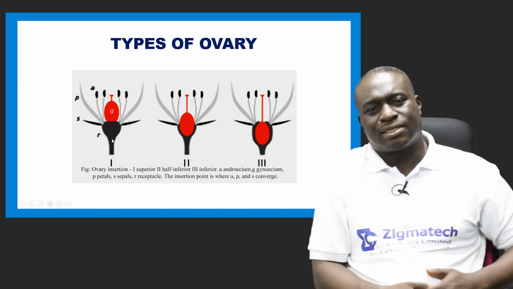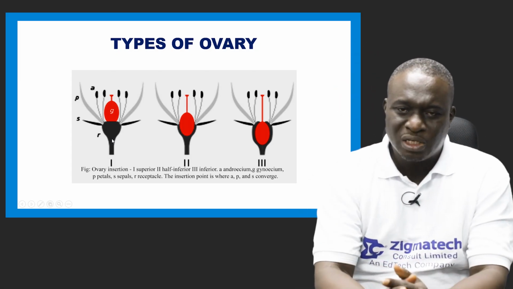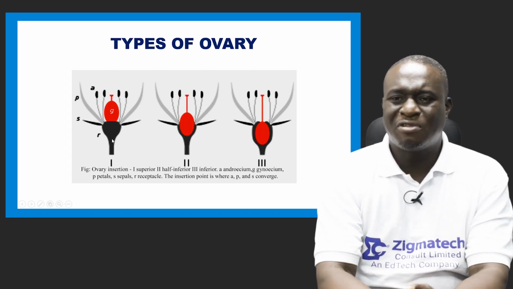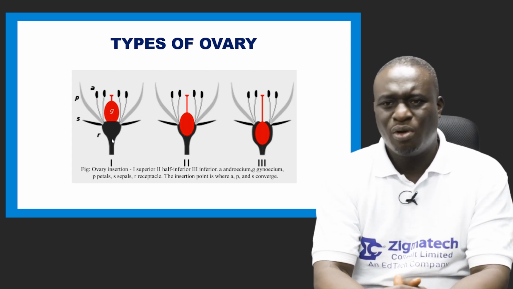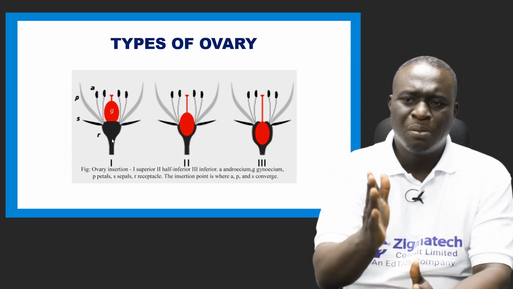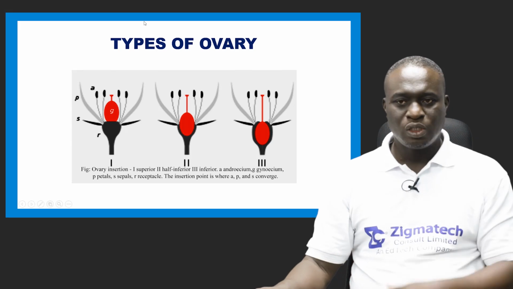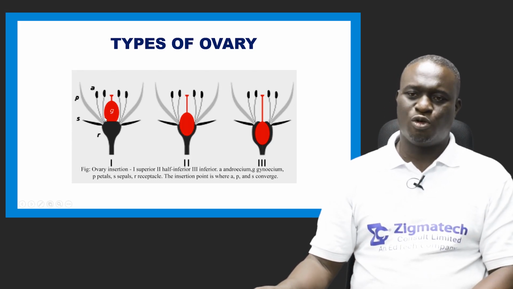Now, next is types of ovary. There are different types of ovary. We have about three main types of ovary in flowering plants. But before we continue, please take a look at the screen. You can see this red thing here is the ovary.